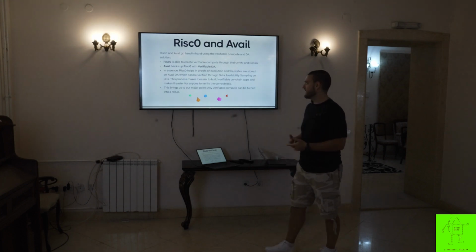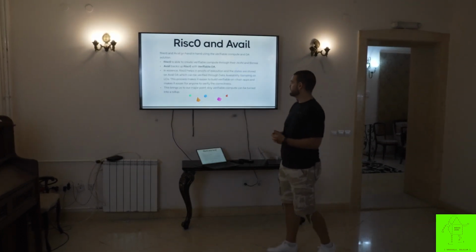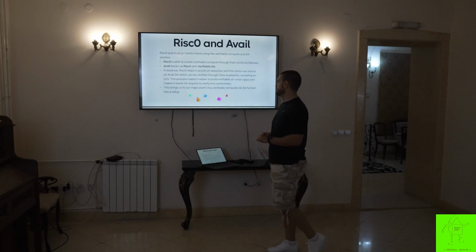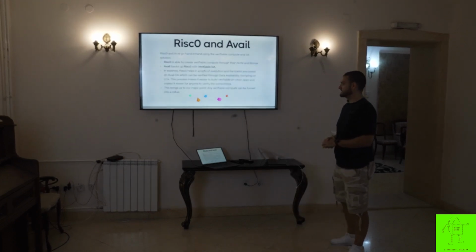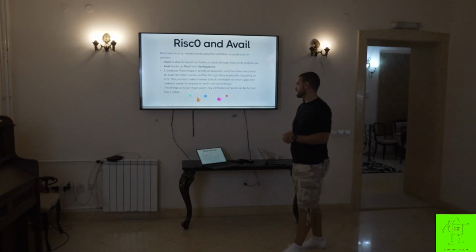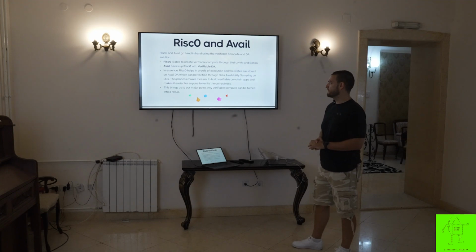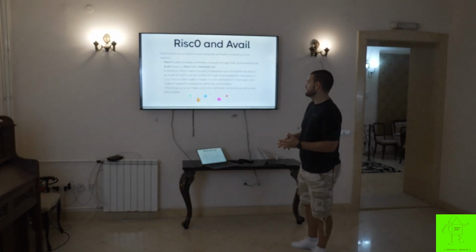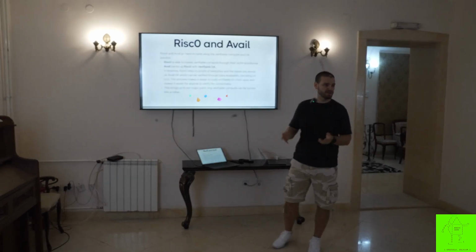They go hand in hand. Avail can back up RISC Zero with verifiable data availability. RISC Zero helps with proof execution, and the states can be stored on Avail DA, which can be verified through DAS, data availability sampling, using the light clients. It makes it easier to build verifiable on-chain apps, and easier for anyone to verify correctness. In a single sentence, any verifiable compute that leverages Avail can become a rollup.